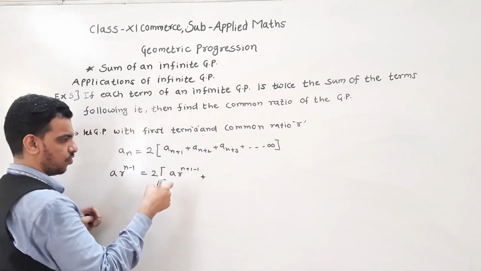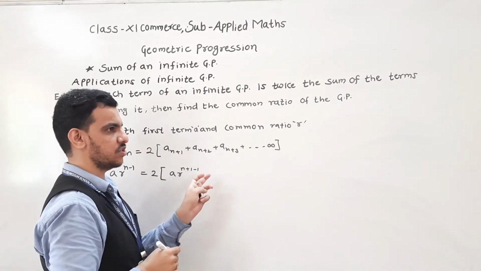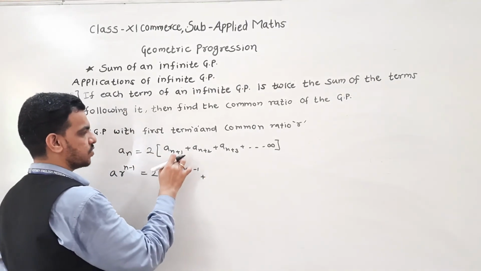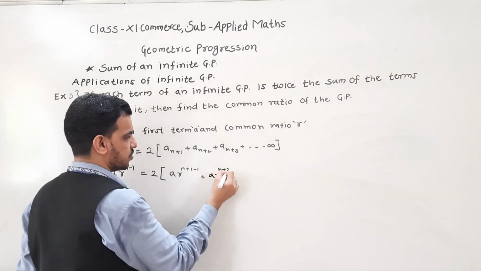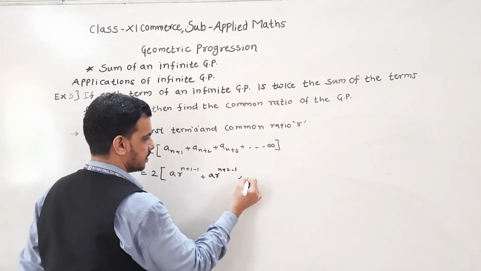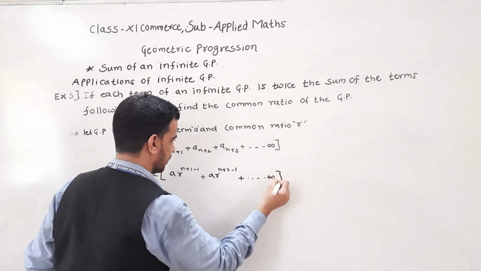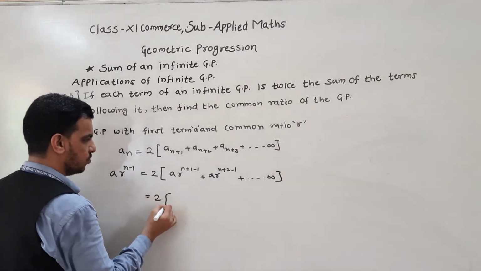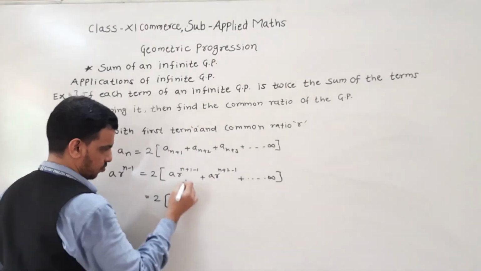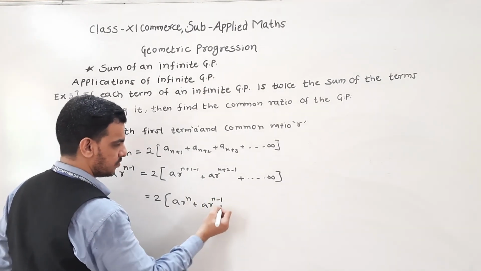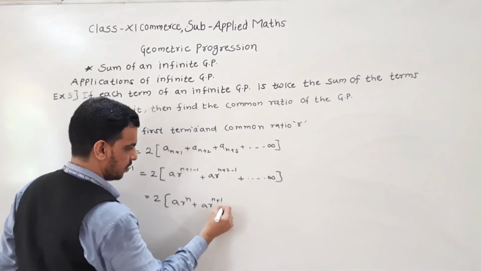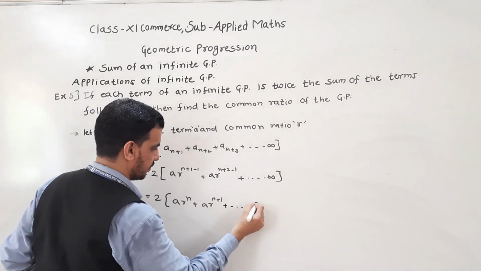We have the formula, nth term is a into r raised to n minus 1, but here n plus 1 is there, so n plus 1 minus 1. Then a into r raised to n plus 2 minus 1 plus and so on up to infinity. So that is 2 into a r raised to n, a r raised to n minus 1, sorry, n plus 1, plus and so on up to infinity.